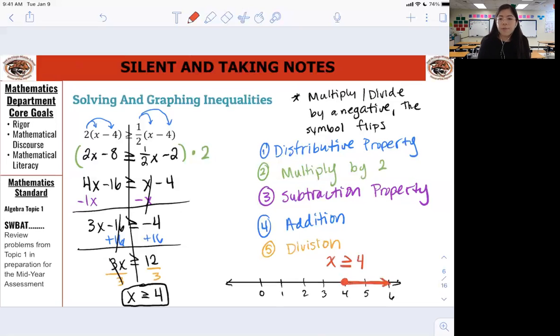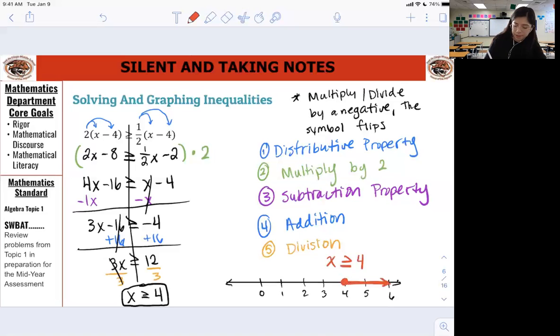So any questions on graphing this or on how I got my final answer? What questions do you guys have for me? Can I say something? Nice and loud, Juan, yeah. If I forget if it's a closed circle or an open circle, I like to think of it like this: the less than or equal to symbol makes the circle, and then the line fills in the circle.